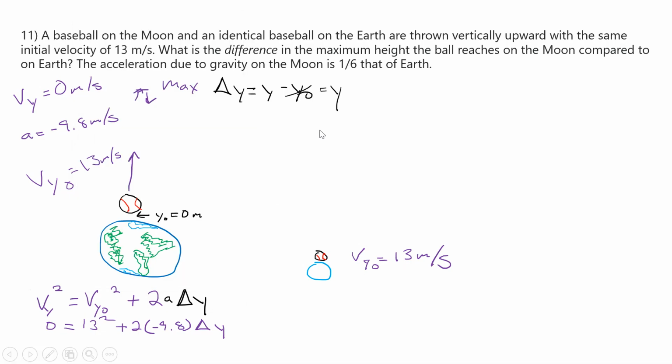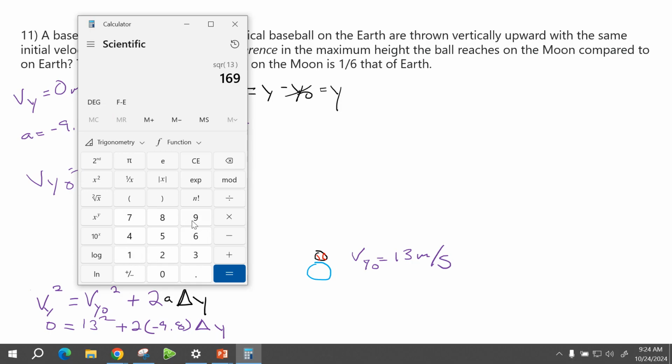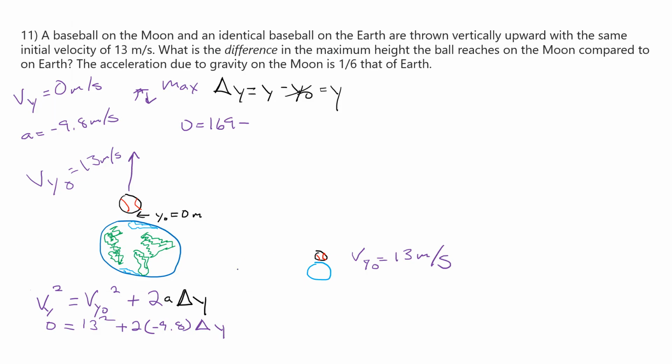Yep. So this becomes 0 equals 169 minus 19.6, I said it backwards, times delta y.